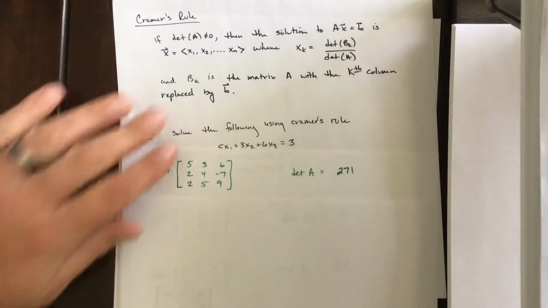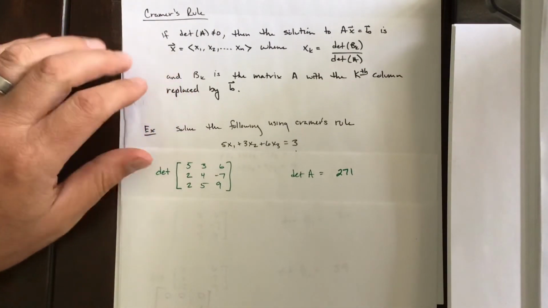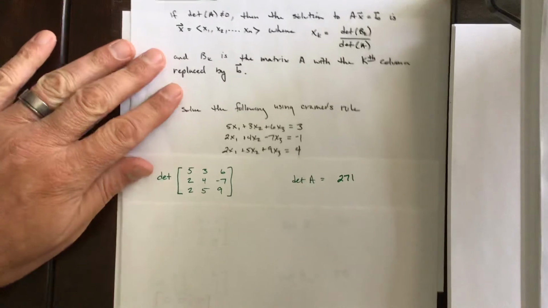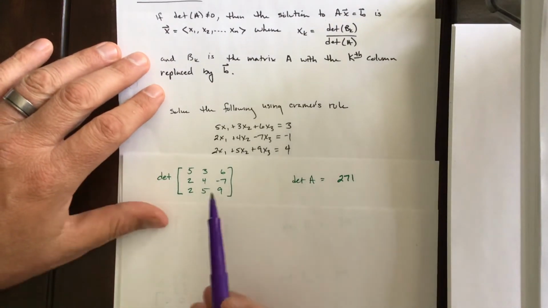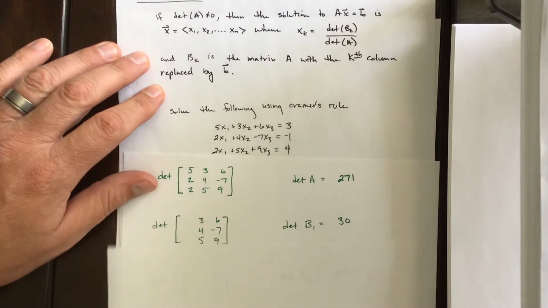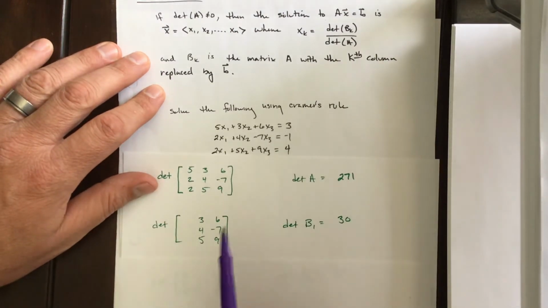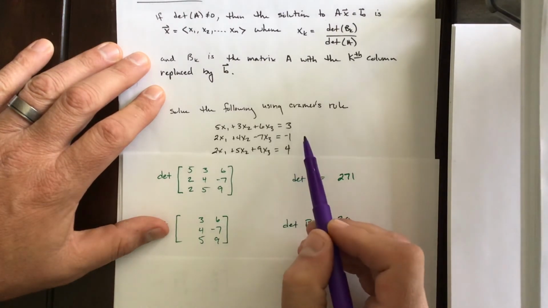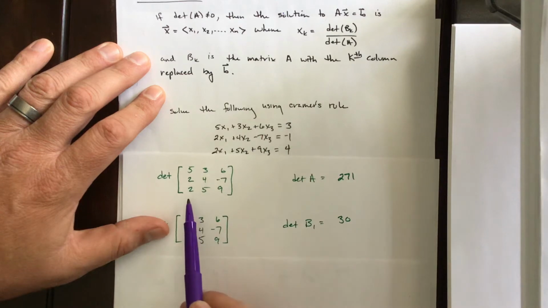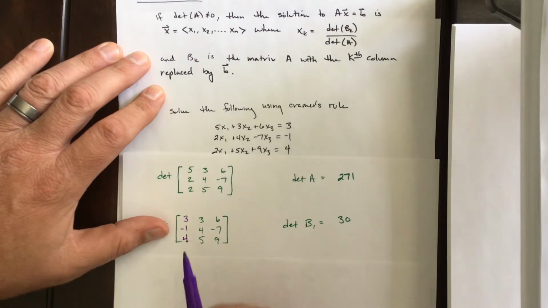So now we look at B1. B1 is the matrix A, with the first column deleted and replaced by the right-hand side of our system of equations. So instead of 5, 2, 2, we replace it with 3, -1, and 4.